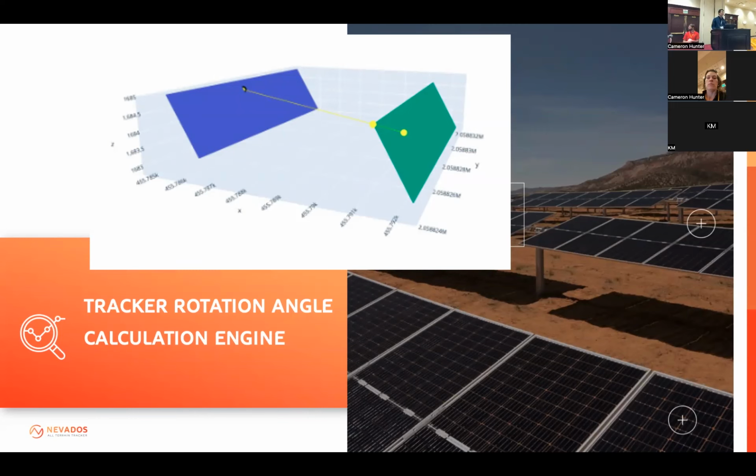And so what we're saying is we have found some local maximum that hopefully gives you better performance than if you just chose your standard ground coverage ratio based backtracking strategy.